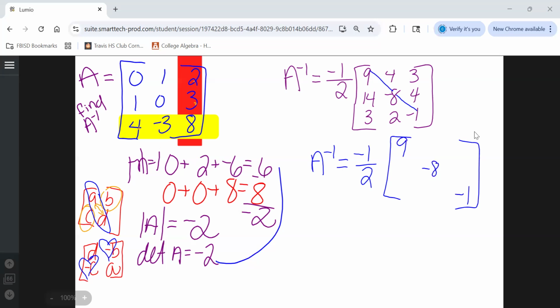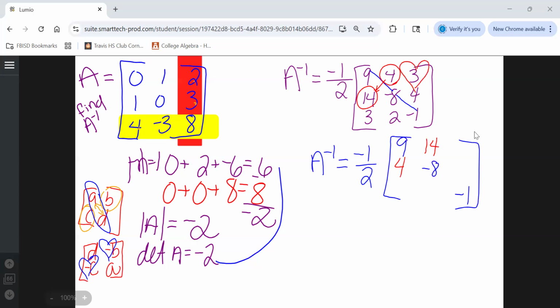So if we see here, this 4, if we reflected it over that line, see how it lines up with this 14? Those are the ones that are going to switch. So kind of like catty corner A and D switch in the adjoint, it's kind of the same thing. The 4 and the 14 are now going to switch. So this spot is now going to be 14, and this spot is now going to be 4. We're going to do the same thing with the other numbers. So see how this spot right here is 3.